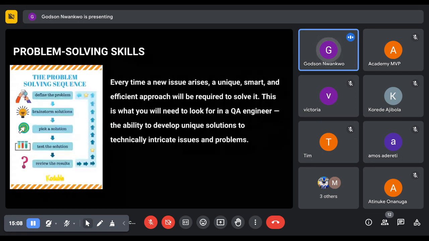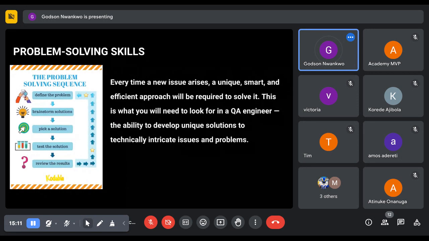And as a good QA engineer, it is a norm that every time a new issue will arise in any project you're on, and it's your responsibility to be smart and efficient in approaching and handling it.